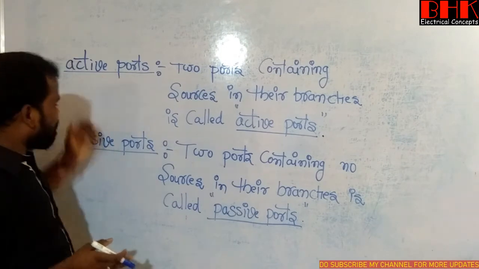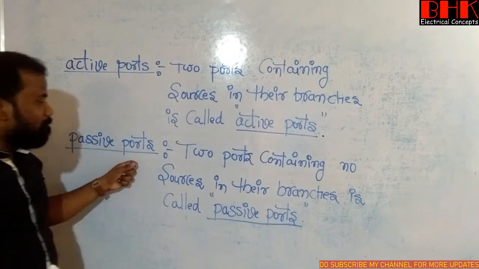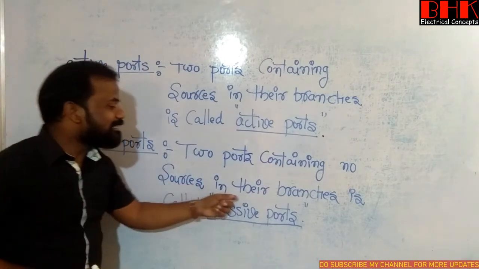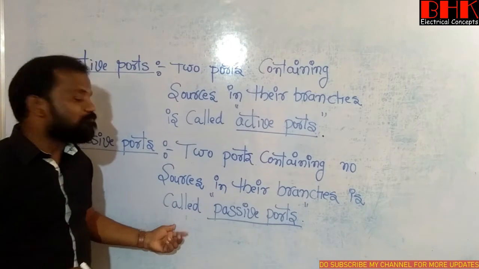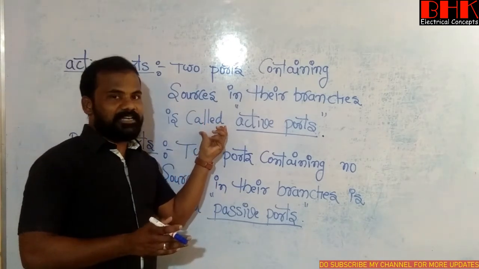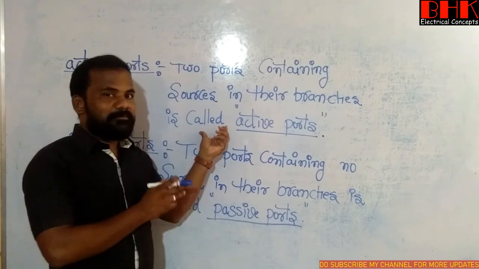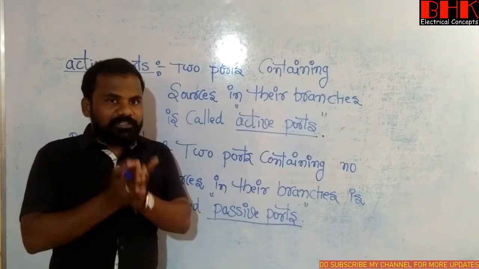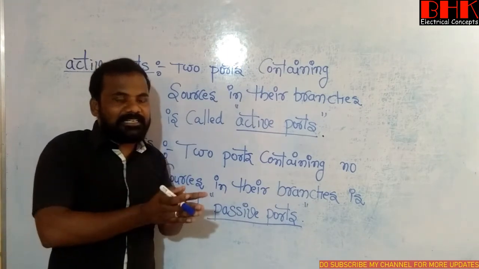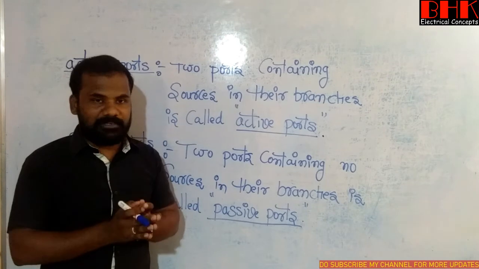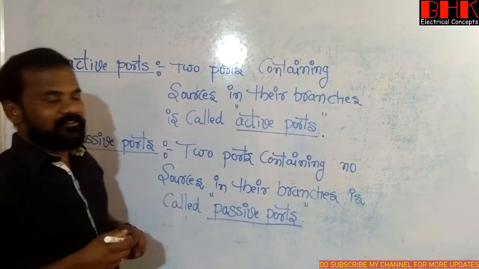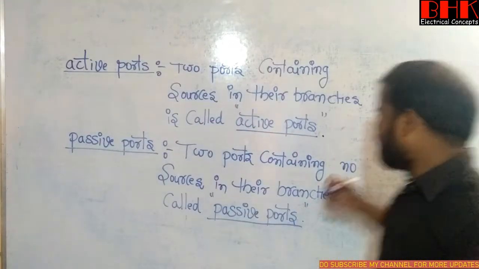And the definition of passive ports: two ports containing no sources in their branches are called passive ports. Whatever we discussed for active ports applies here too, but the main difference is that no voltage source, current source or any other type of source is present in the branches of the two port network. So that type of network comes under passive ports. For example, take one network like this.